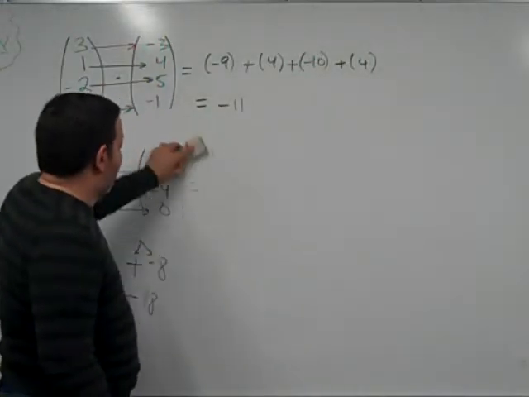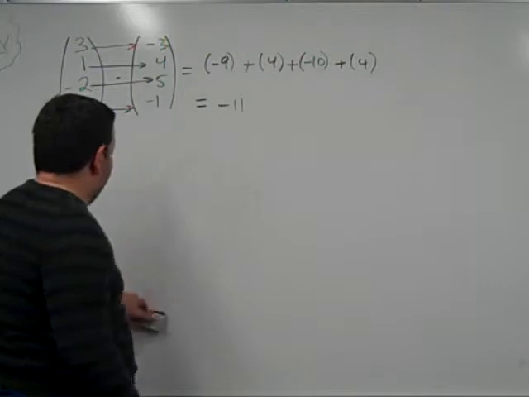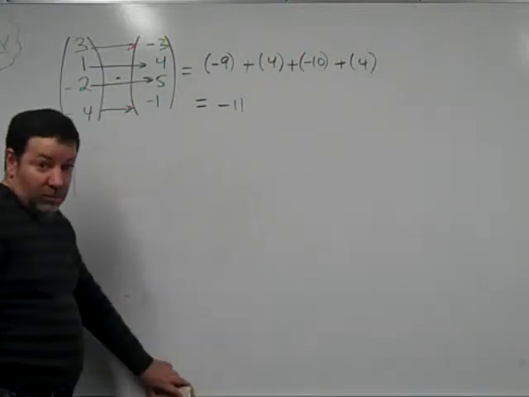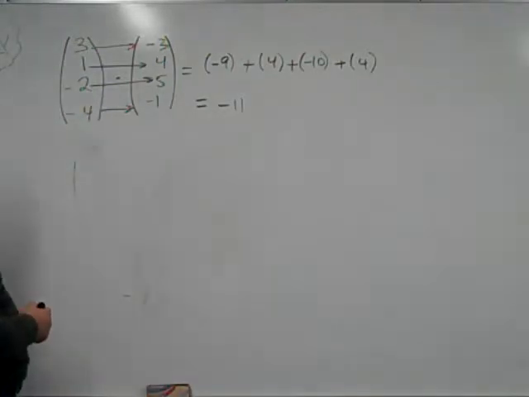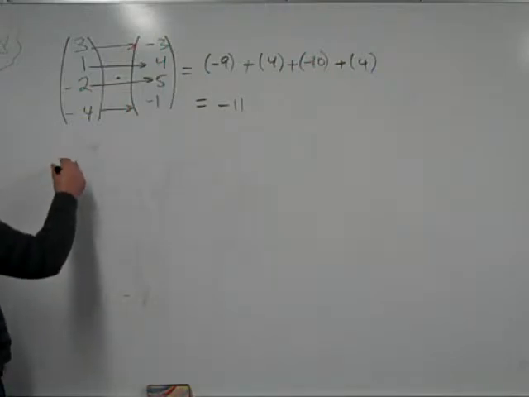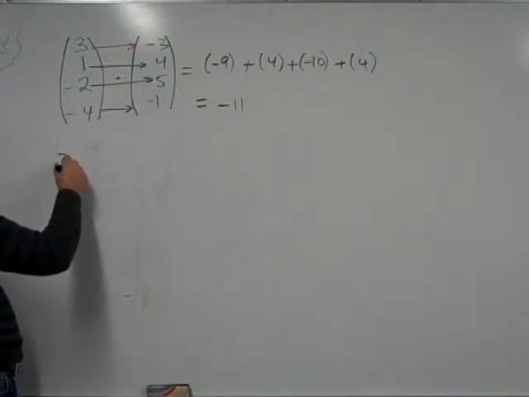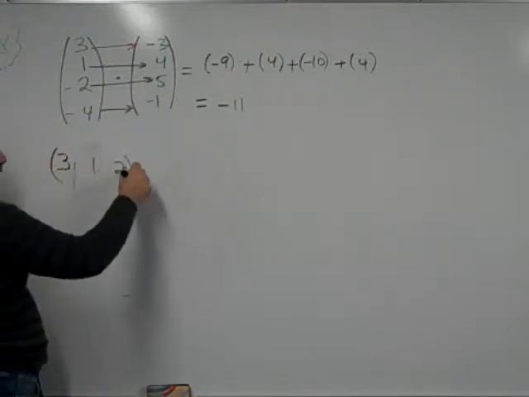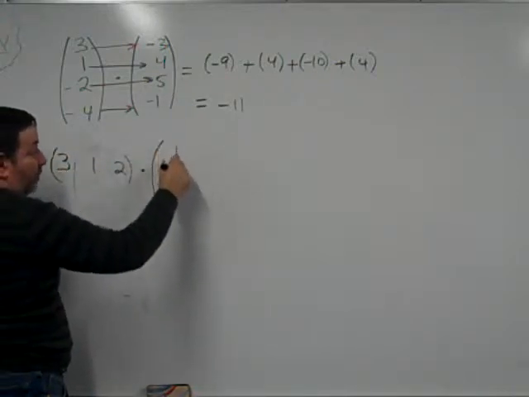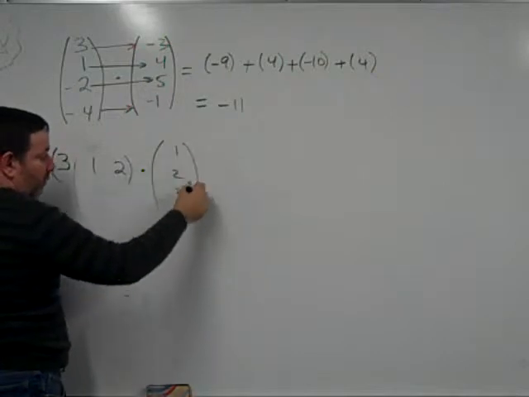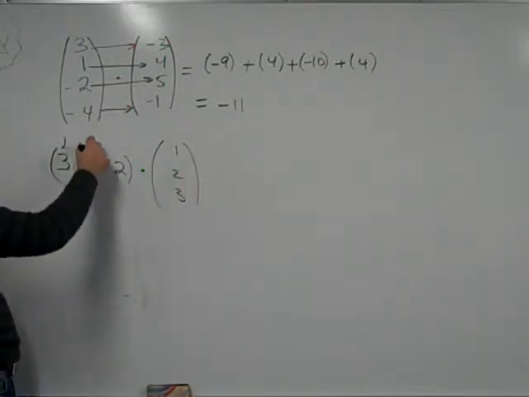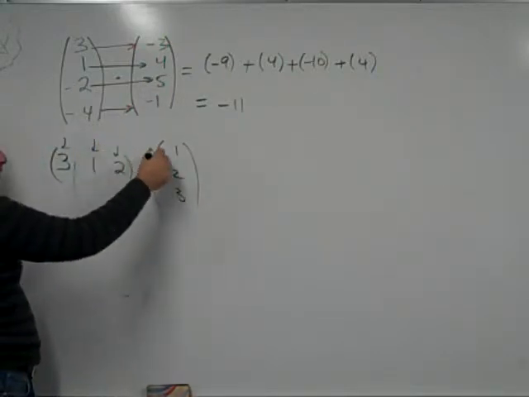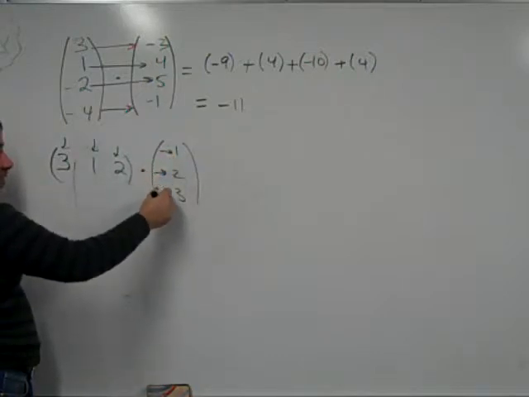Now, what if it's a column by a row? What if you have a row by a column? You have 3, 1, 2, and you want to dot it with 1, 2, 3. That's the first entry, the second, the third, the first, the second, the third.